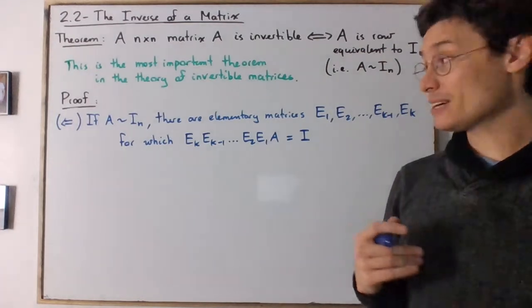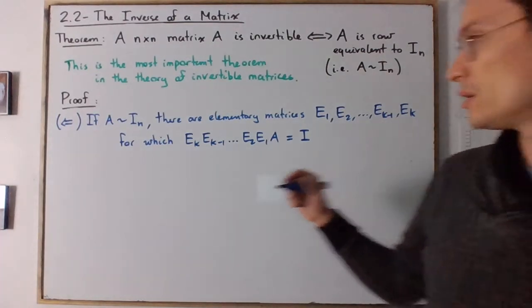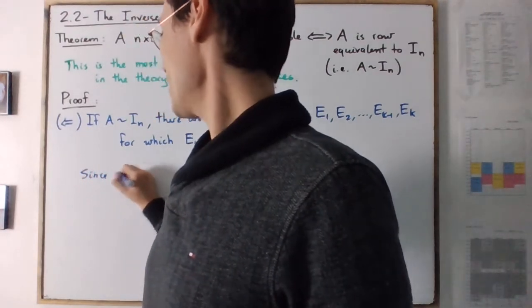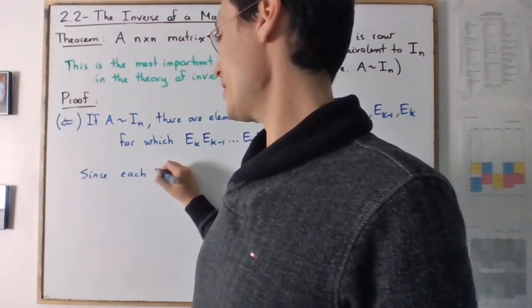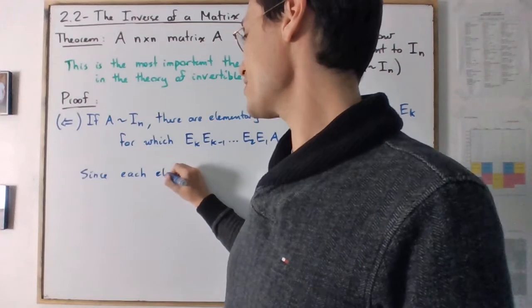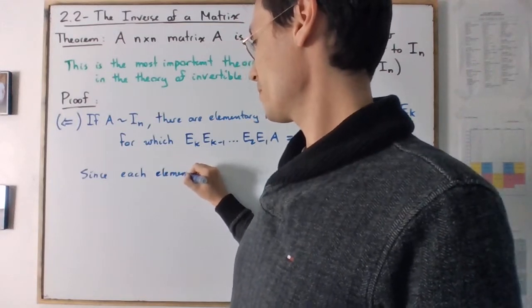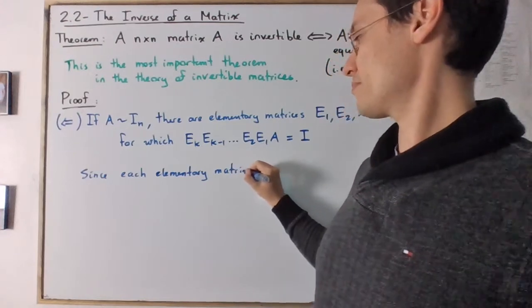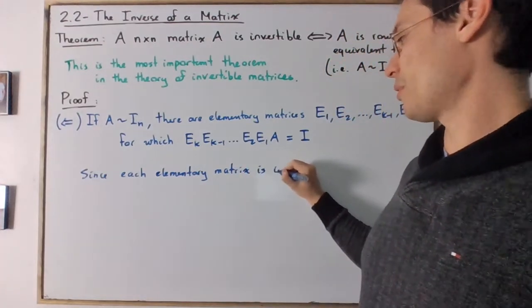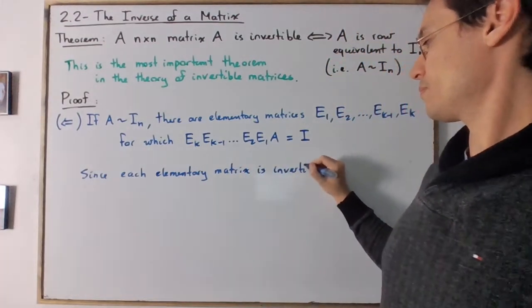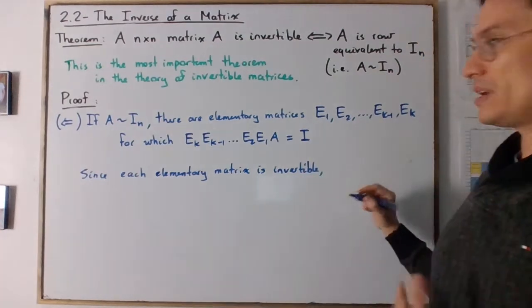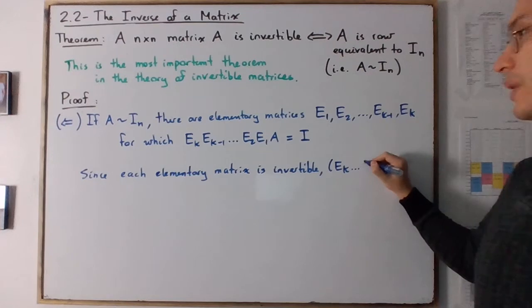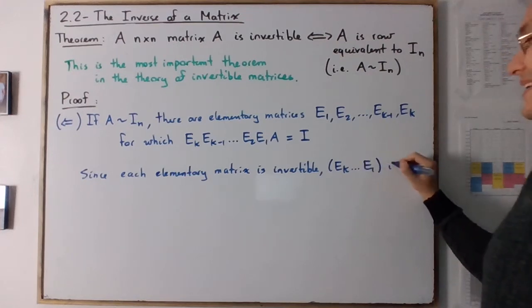Okay, then, since each elementary matrix is invertible, we have that the matrix E_k all the way down to E1 is invertible.